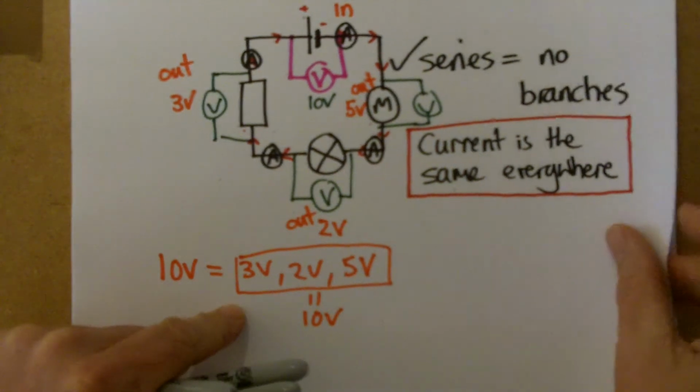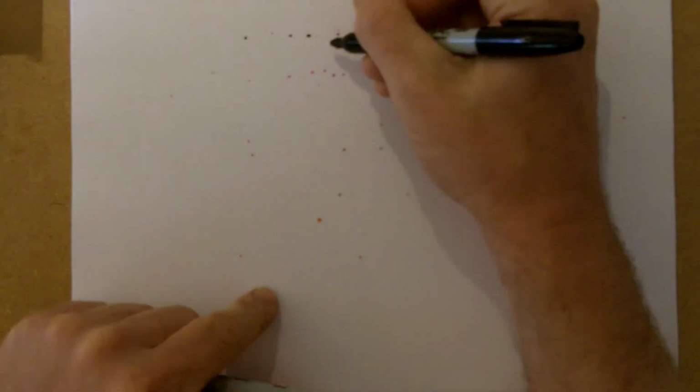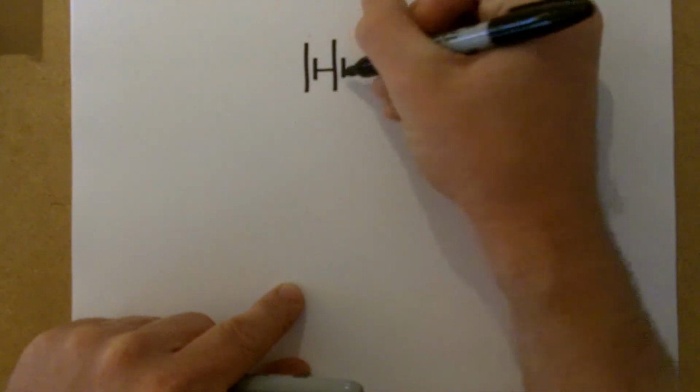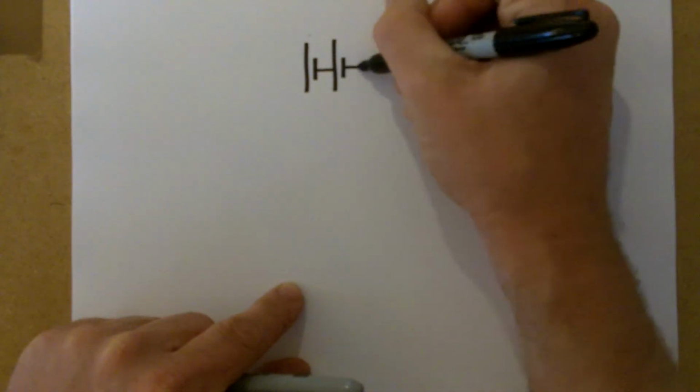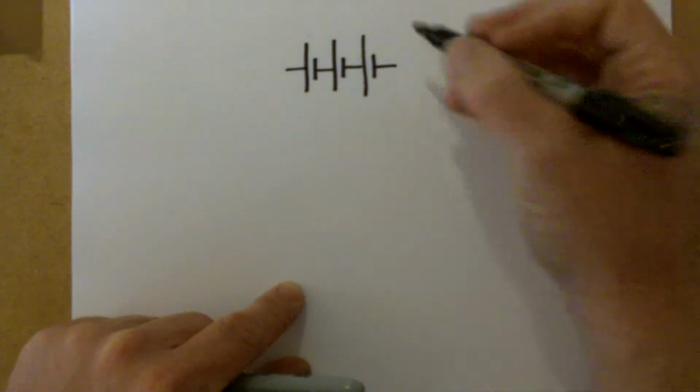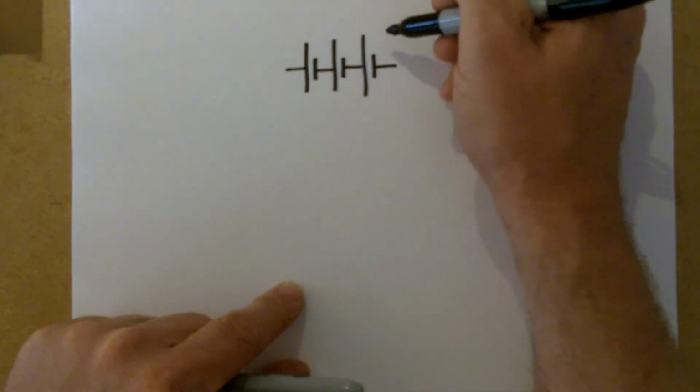Now, when we look at the next part, which is having cells in series, let's treat you to a fresh page. If I have cells in series, it's probably no surprise to know that the PD from each cell will add up.